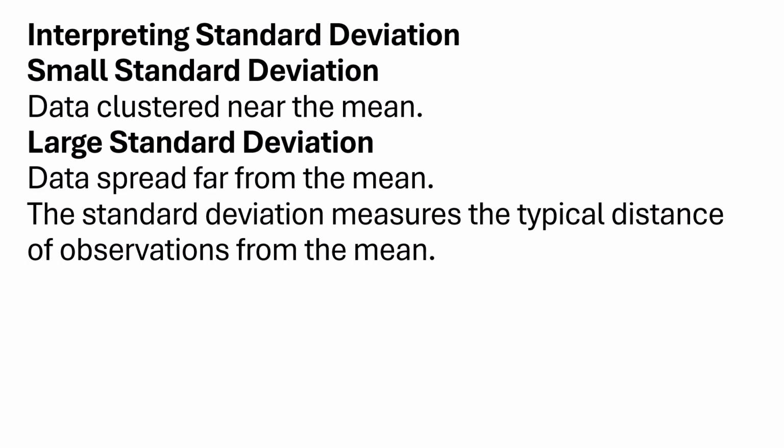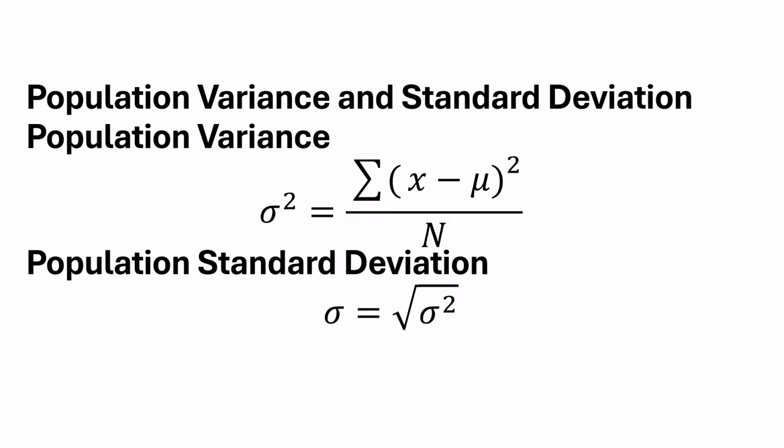Interpreting standard deviation. Small standard deviation: data clustered near the mean. Large standard deviation: data spread far from the mean. The standard deviation measures the typical distance of observations from the mean. Population formulas are used when data from the entire population are available.